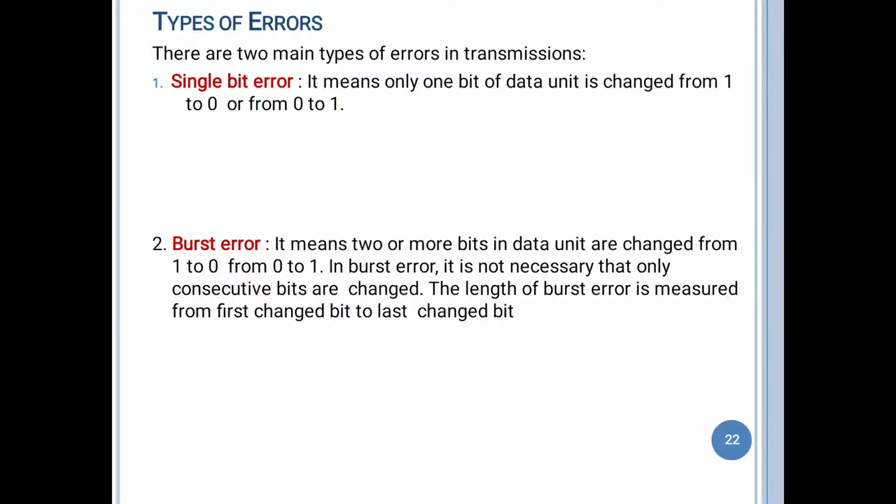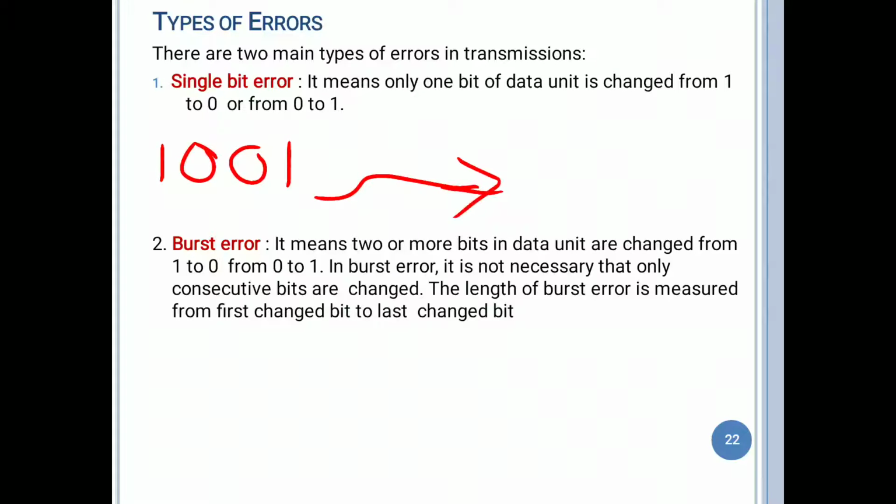For example, 1 0 0 1 is the data we want to send from sender to receiver. During transmission through the channel, the data is received like this: 1 1 0 1. That means the second bit is changed from 0 to 1.